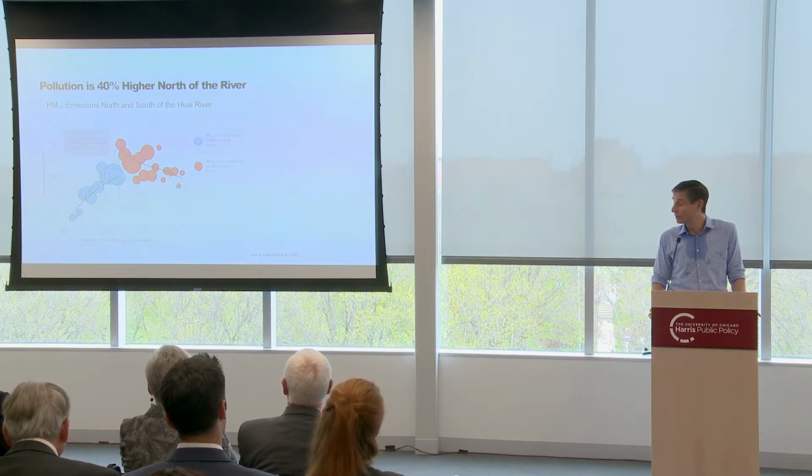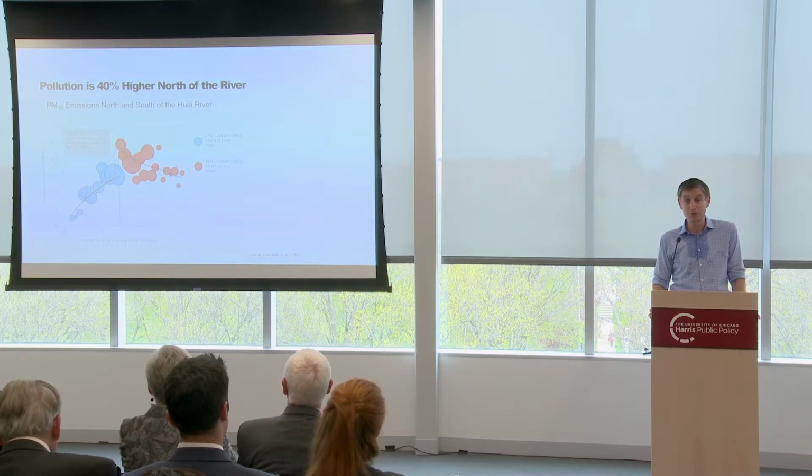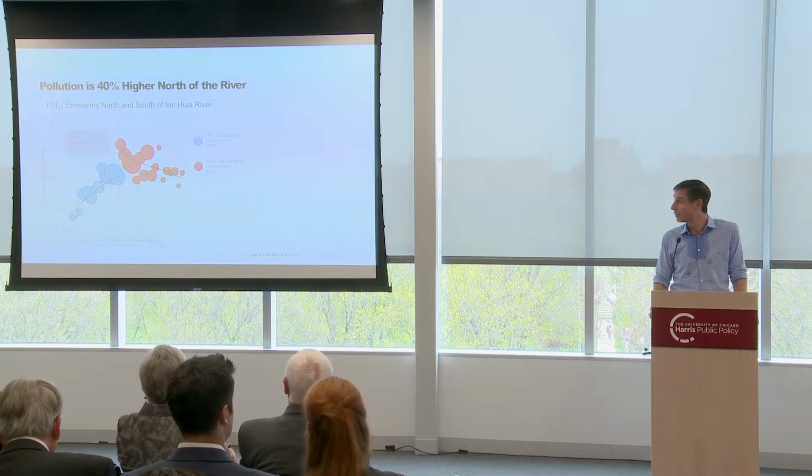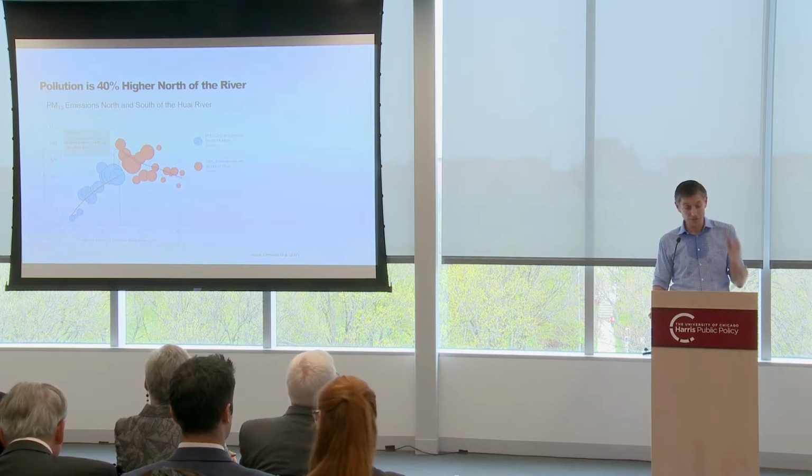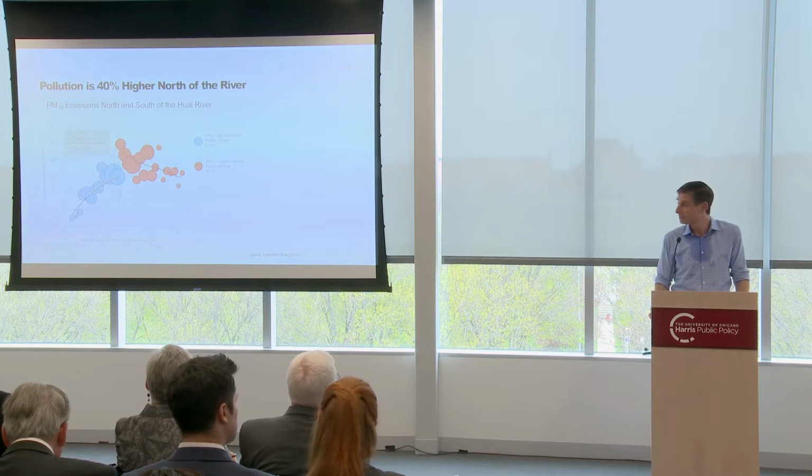The idea is to compare people just on opposite sides of the river. And you can see there's a very sharp jump in pollution concentrations as you cross the river's edge. That should not be surprising given this picture, but here we're verifying it in data. It's worth about 40 micrograms per cubic meter, or maybe about a 50% increase in pollution concentrations.